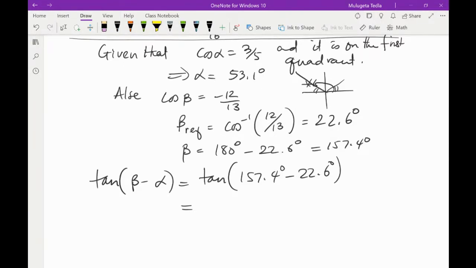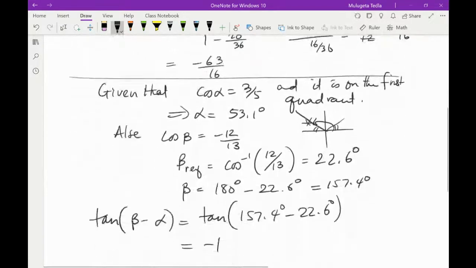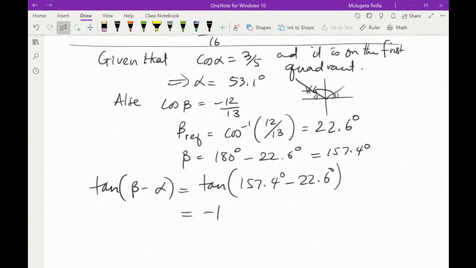So minus 22.6, and then you take tangent. I got, well, I don't know, negative, is it really? What did I mess up? Or maybe my numbers are not right. 157.4 minus 22.6, tangent of that.